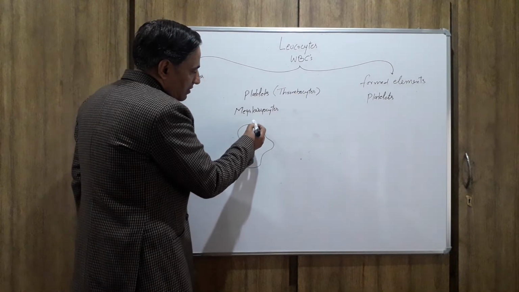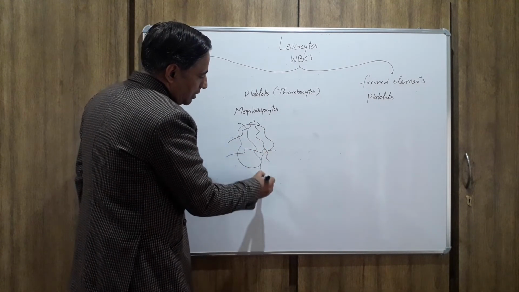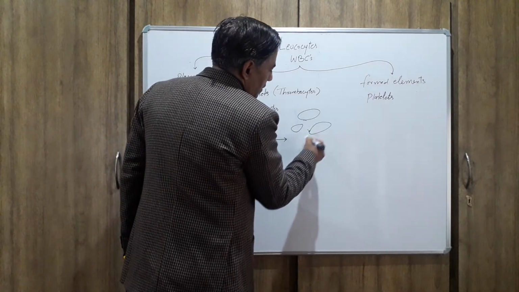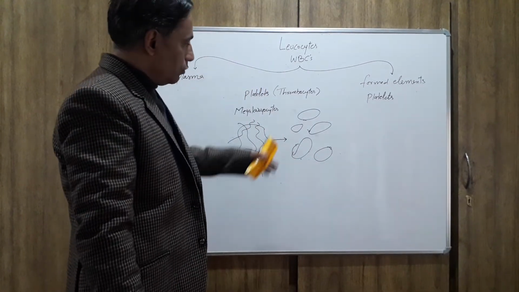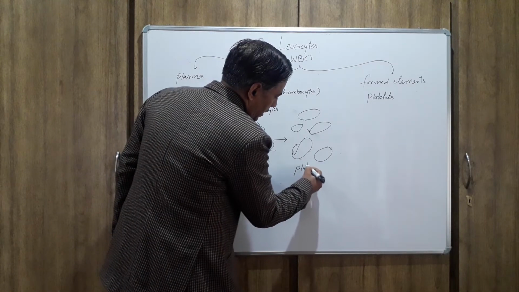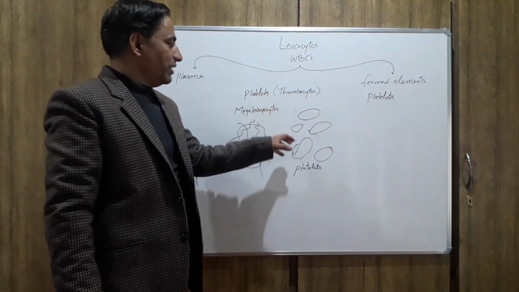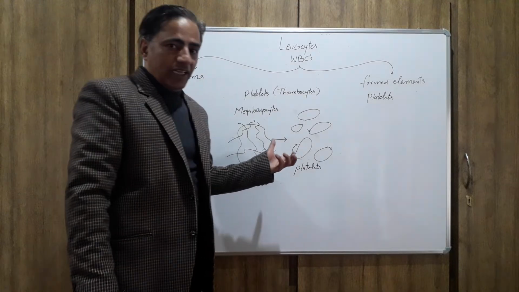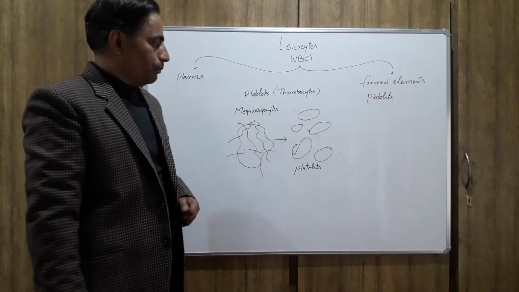It gets ruptured, it splits into small fragments, and these fragments are called the platelets. So the platelets are actually the cell fragments of the megakaryocytes present within the bone marrow.